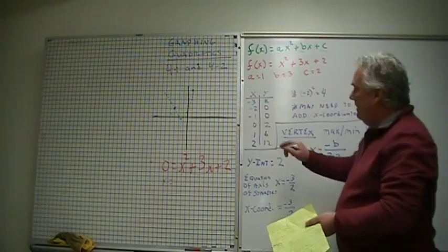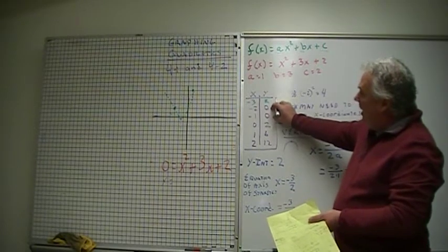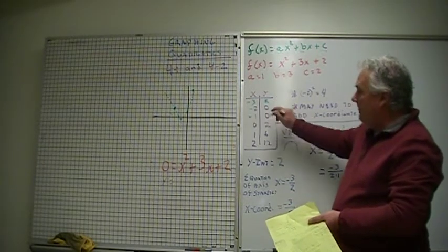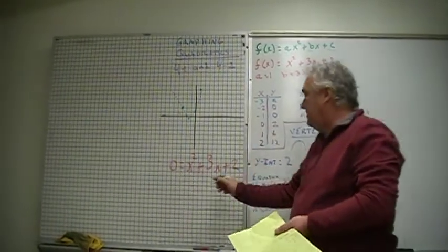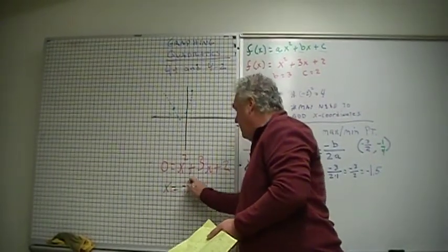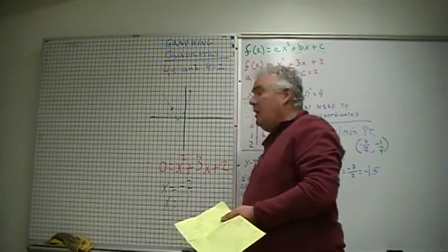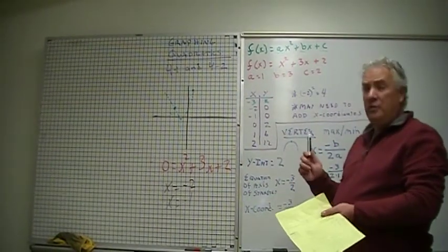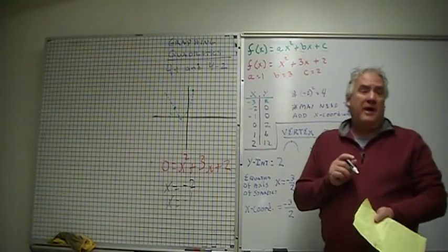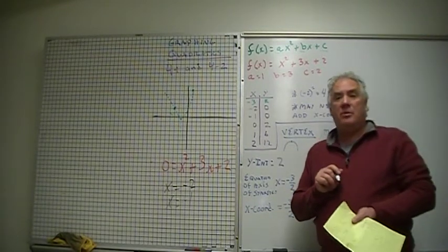So in this case, our y's being 0 are x being -2 and x is -1. The answer to this problem, the two answers, with quadratics we have two answers to the problems.